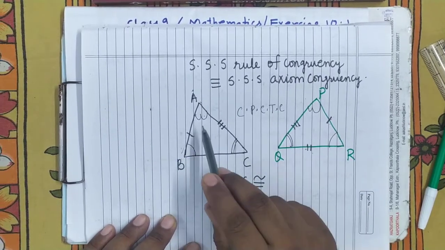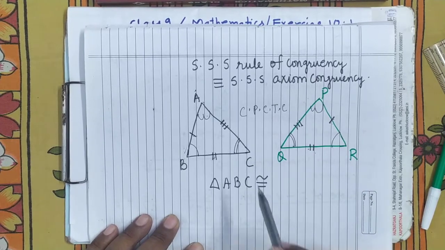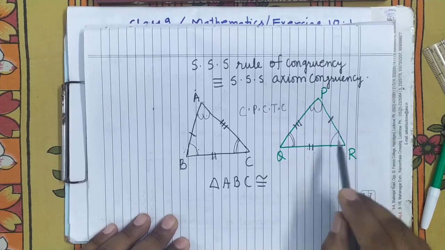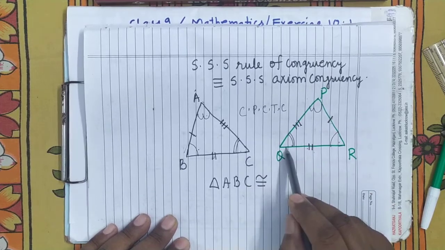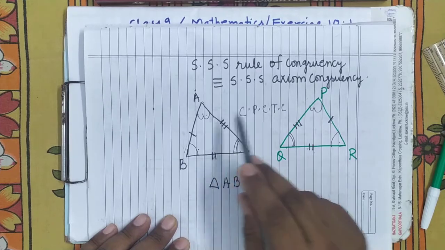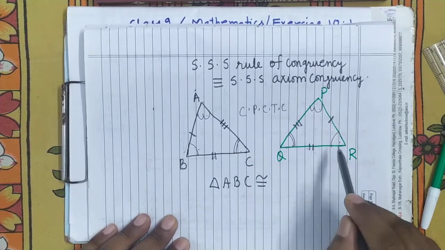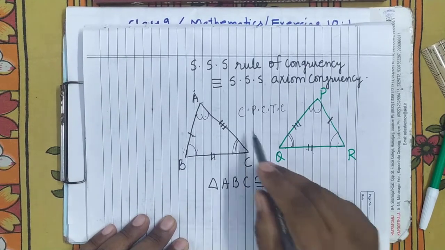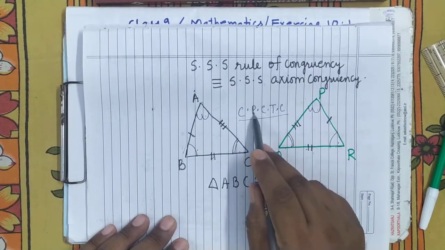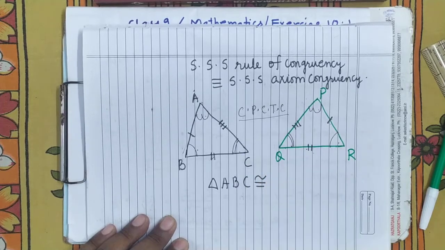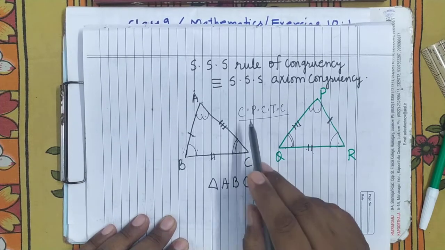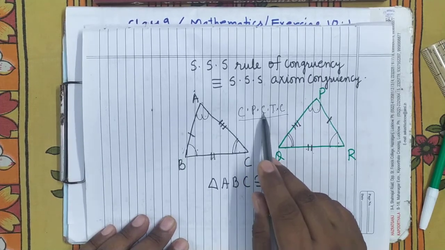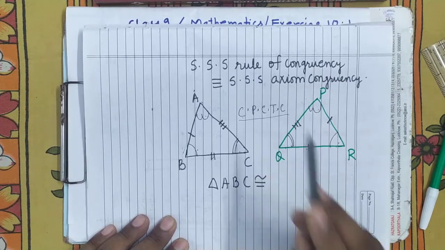You can say angle A equals angle P, angle B equals angle R, and angle C equals angle Q. These are equal by this property: corresponding parts of congruent triangles are congruent. I am repeating once again: corresponding parts of congruent triangles are congruent.